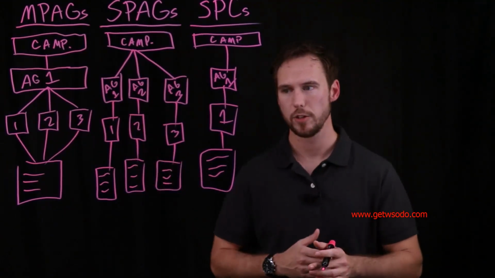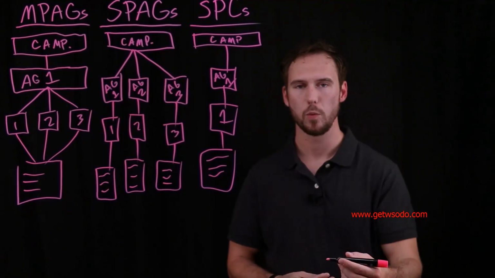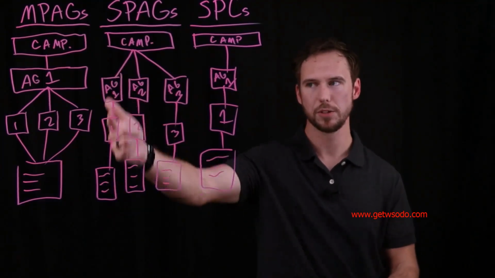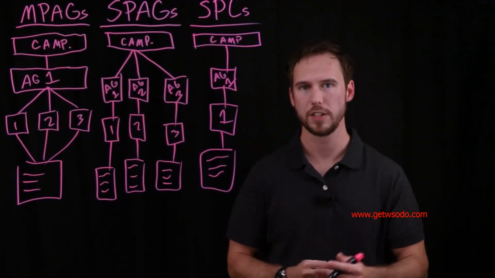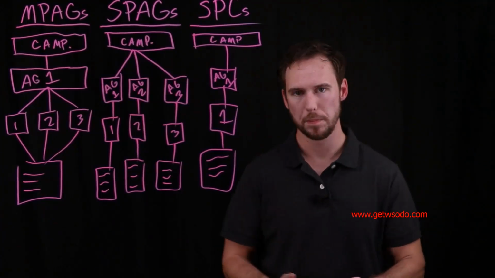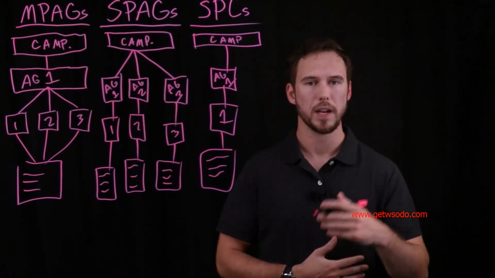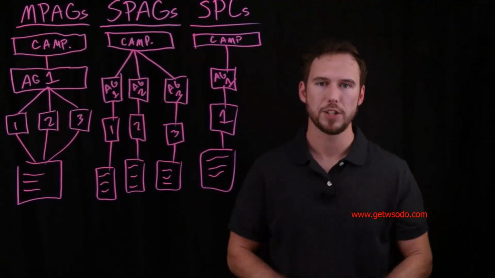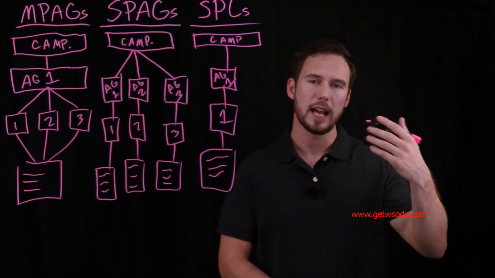Within single product ad groups, if you wanted to increase the spend on one product but not on the others, then you would just go into this one ad group that you want to increase the spend on and manipulate the spend on that product through the keyword bids. So if you wanted to increase spend, you might increase your bids on just this one product. And then maybe you open up that budget at the campaign level in order to allow that product to spend more.